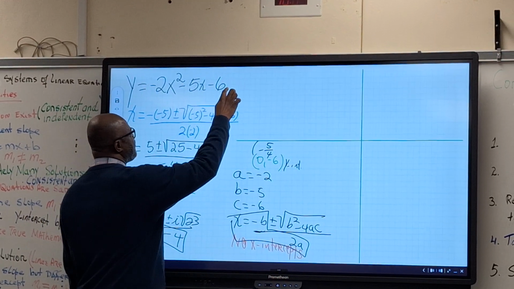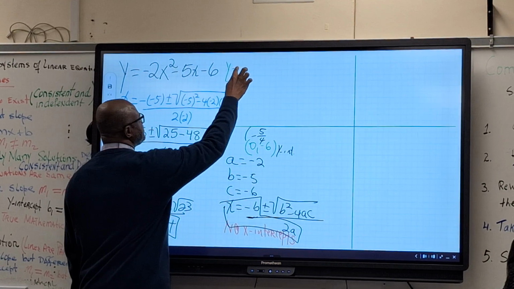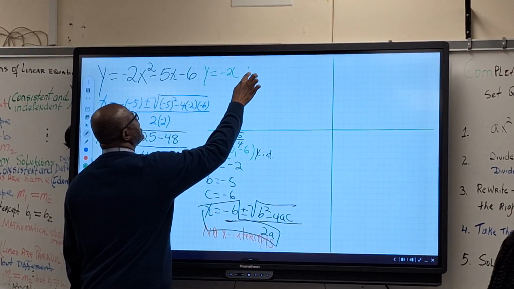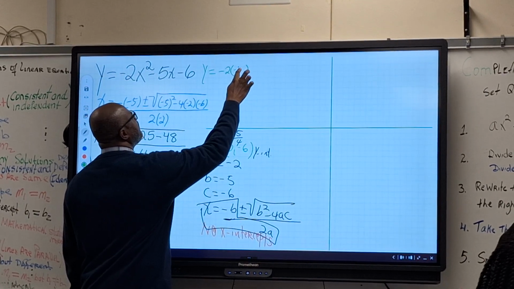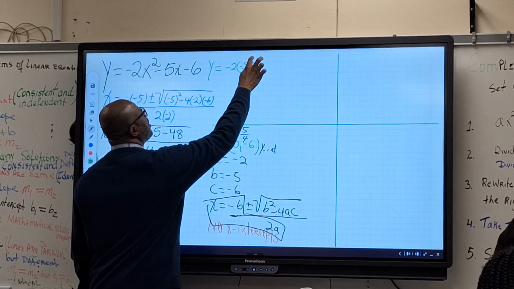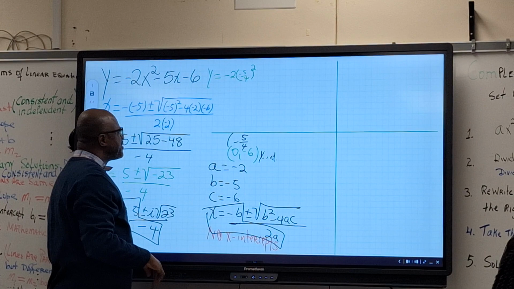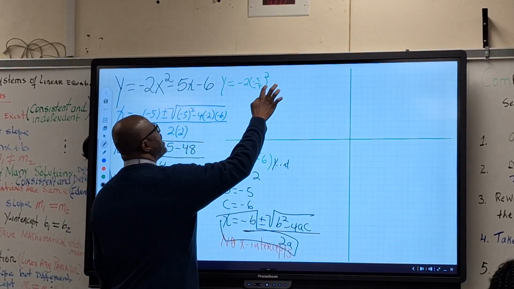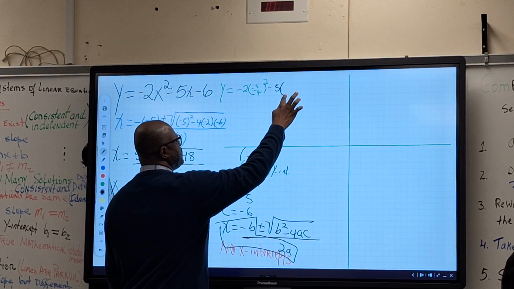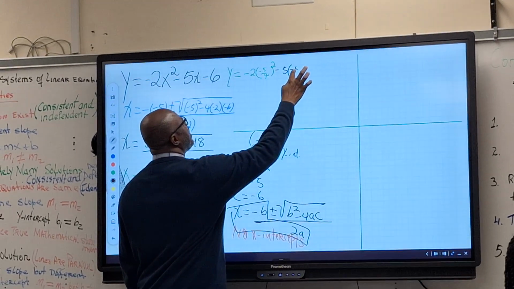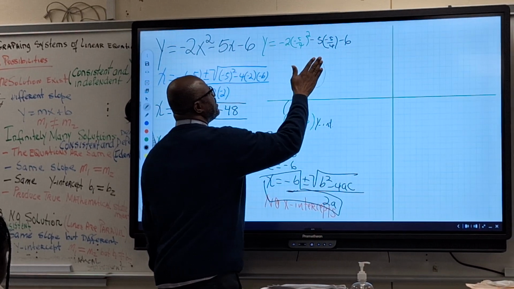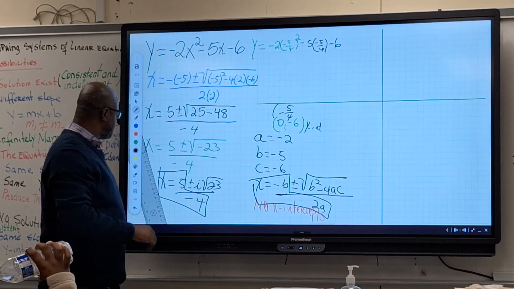Alright, so I will have y equals negative 2 times negative 5/4, and I square that. This is very complicated because you need to pay attention. Minus 5 times negative 5/4, minus 6. We're dealing with a bunch of fractions.